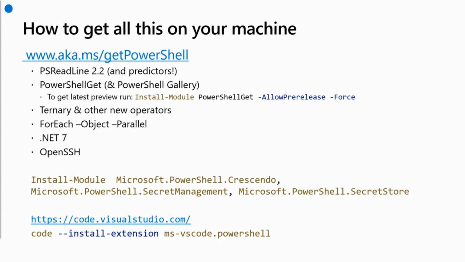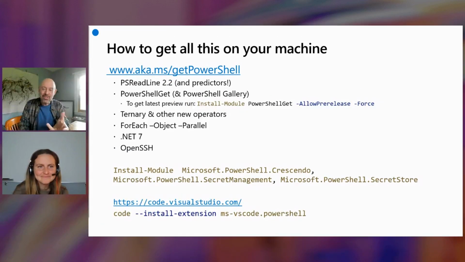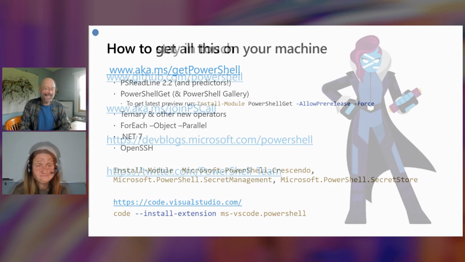So go out to PS Gallery and make sure you grab the latest and greatest modules that you might be interested in, such as PSReadLine, which has the predictors in it, Crescendo, SecretManagement. All of those modules, a lot of our development is extensible and available there. We encourage you to join us and create modules and scripts that you too can put out onto the PowerShell Gallery as well. Thank you so much.